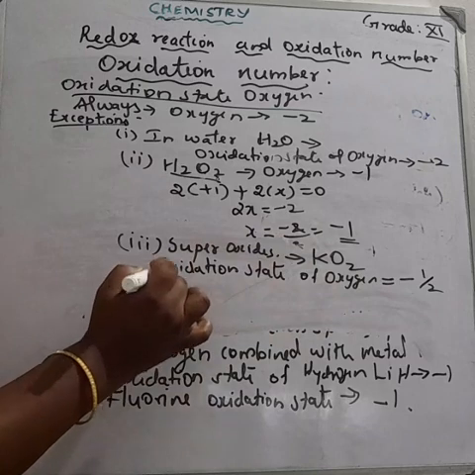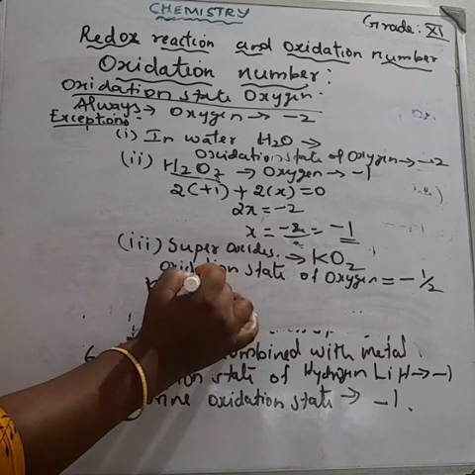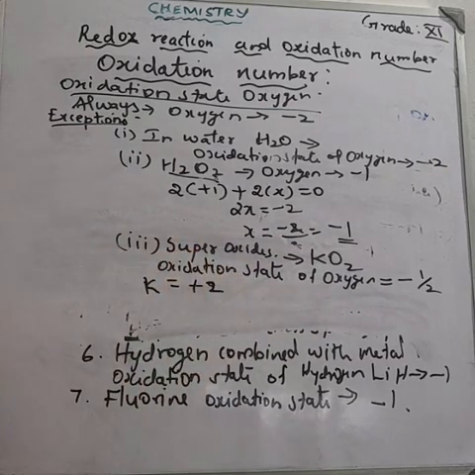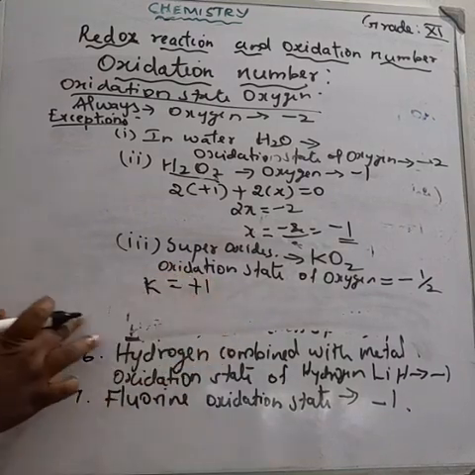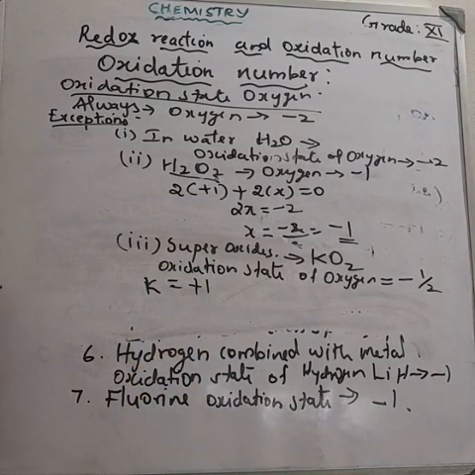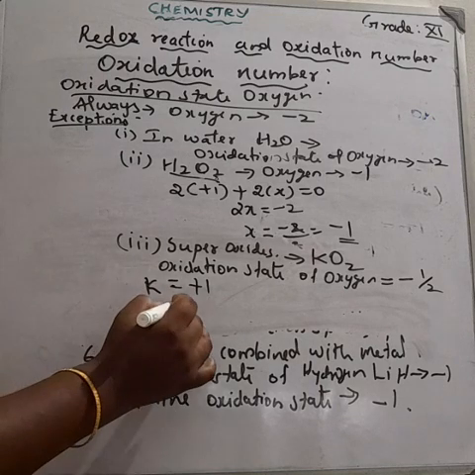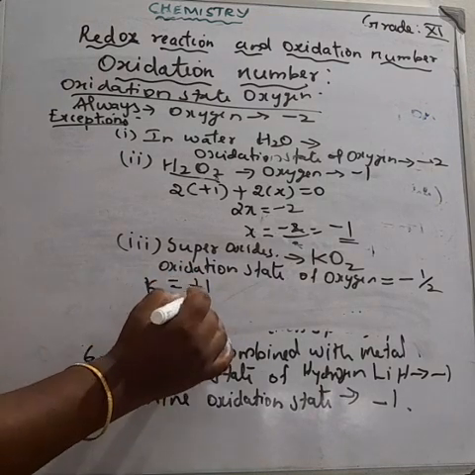Because we know potassium is an alkali metal, the oxidation state of potassium is +1. So +1 plus 2x, the total is 0.